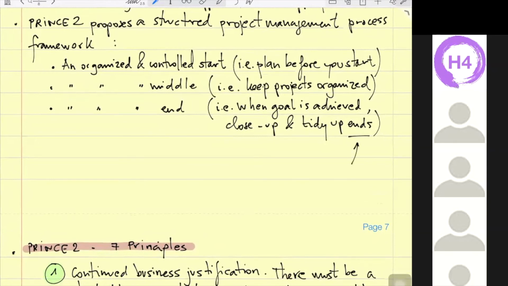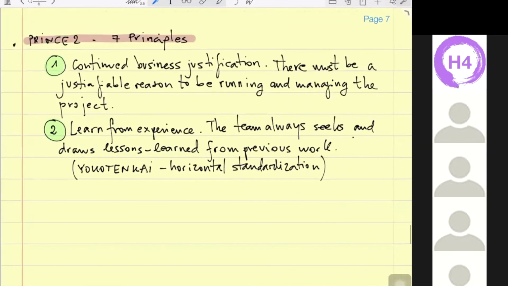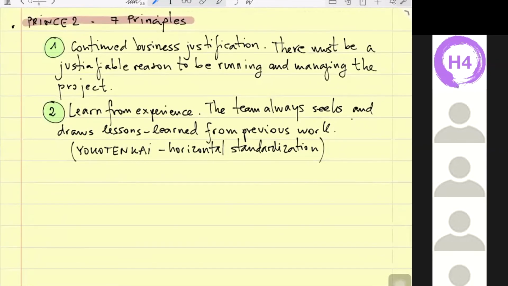Yeah, tidy up ends is if money has not been spent, or if you have not used all the resources, you need to make them free for next steps, or if you have not closed up all the loops, then you need to take care of that. Okay, that's what it means. If you have achieved your goal, then close up.